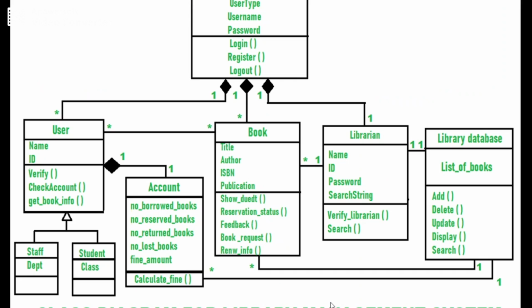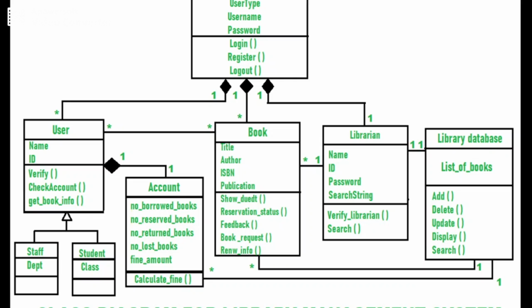Now next, you have already studied about library management system, no? Yeah. So we will see the class diagram. What is class diagram? You are listing out the different classes.